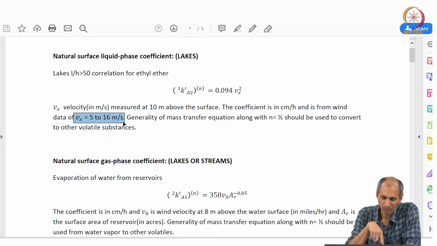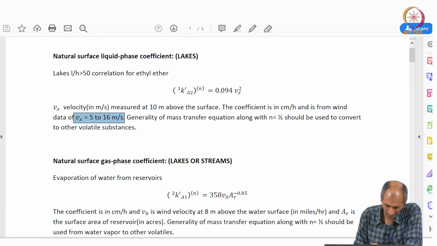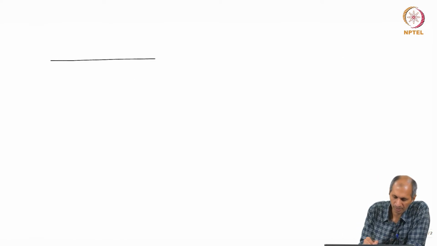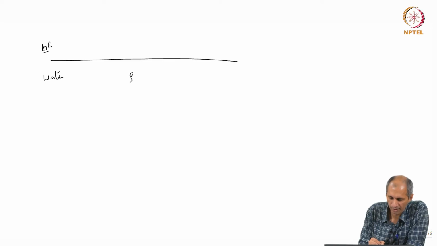So, now what if you want to apply it for one of our problems. Let us say we want to look at the evaporation. We are going back to our old problem. So, we have water and air, and we have some concentration rho A2 equals some value, we do not worry what it is right now, and we have some rho A1 infinity here. Okay. Now, we are looking at this concentration.